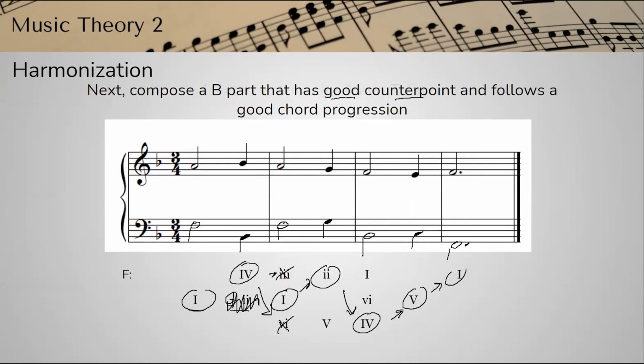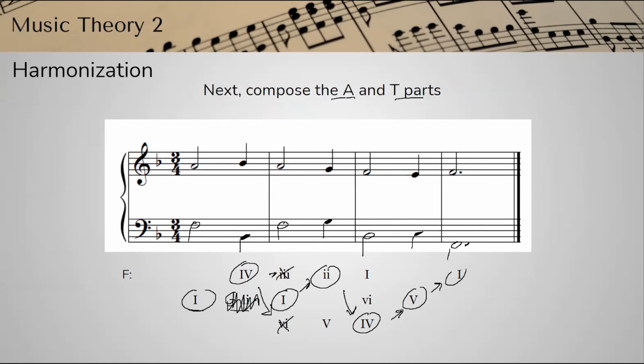Now, the next thing to do is to add the tenor part and the alto part. All right, so a lot of times when you write these bass lines, you'll only be left with a couple possibilities of how to voice things. So that's what is happening here at the beginning. We have an F in the bass, we have an A in our soprano.